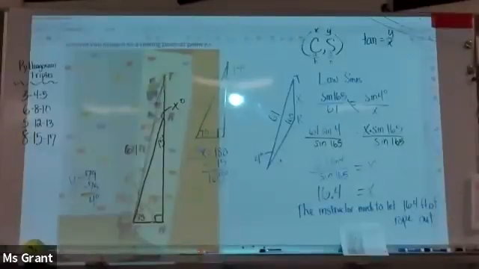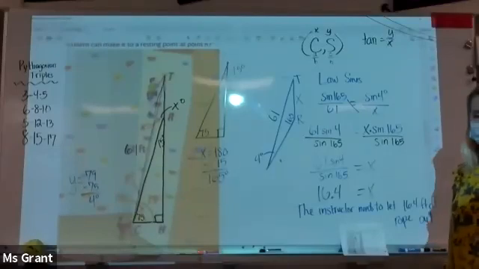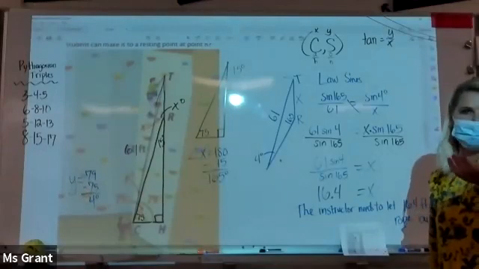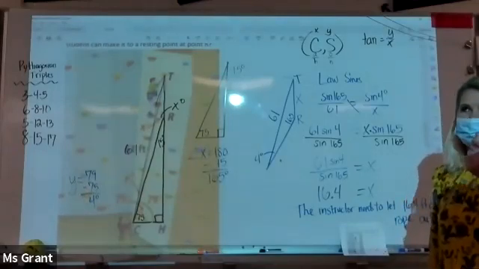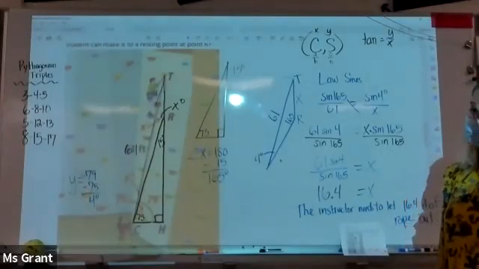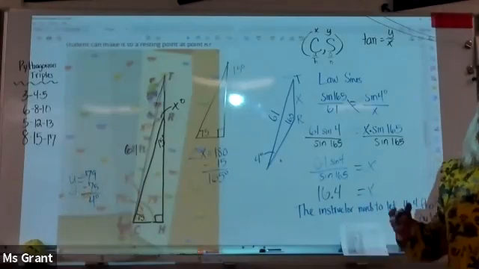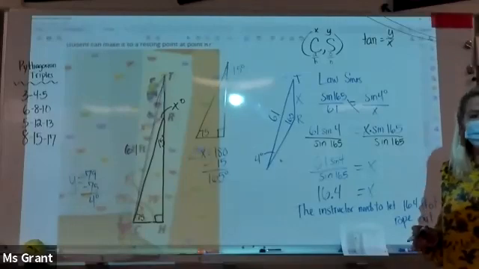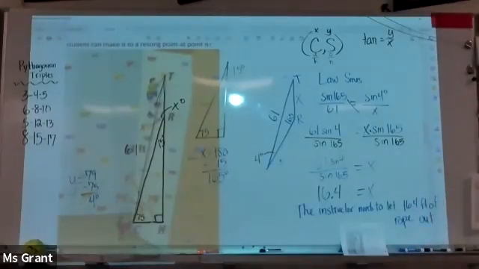Good. So I used today already just a normal sine, cosine, or tangent. I used tangent, right? And then I did this problem where I had to use law of sines or law of cosines. I did law of sines. Now we're going to talk about how to find the area of a triangle, a non-right triangle.